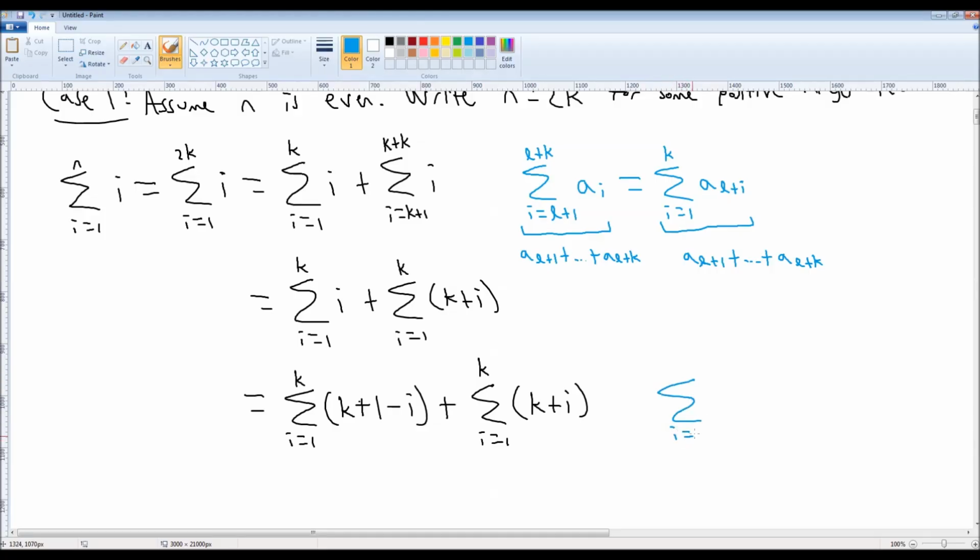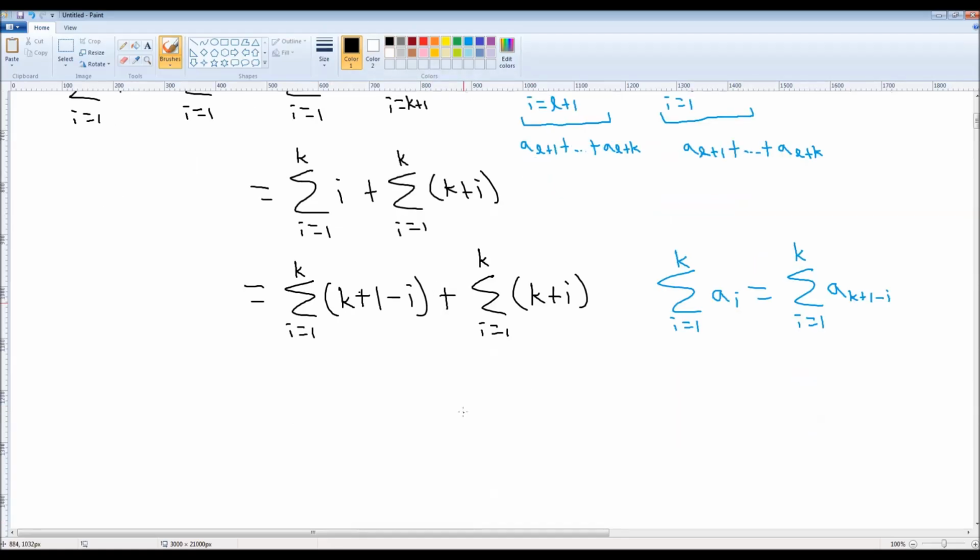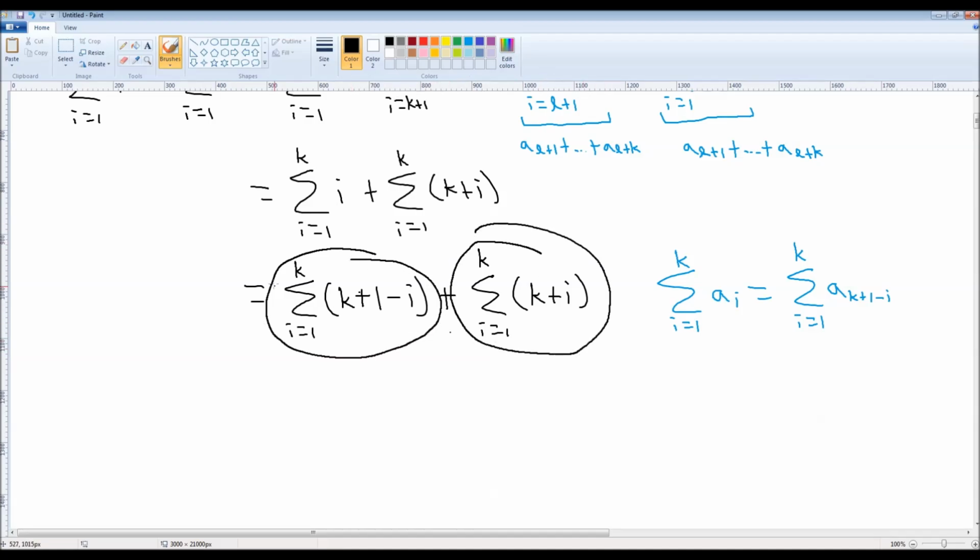We're using this property: the sum for i from 1 to k of a sequence a_i is the same as the sum from i equals 1 to k of a of k plus 1 minus i. This is the law we're using. Now, why did I do this? Well, it's because this sum has minus i, and this sum has a plus i. If we add them together, they'll cancel out.